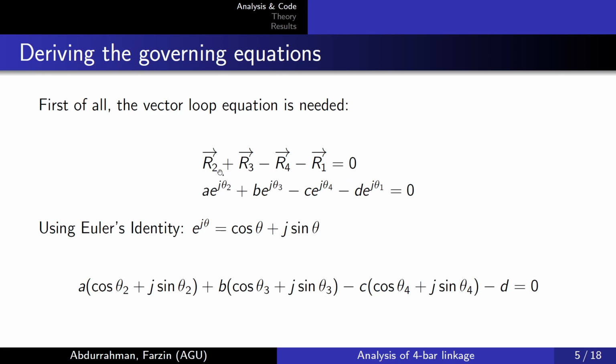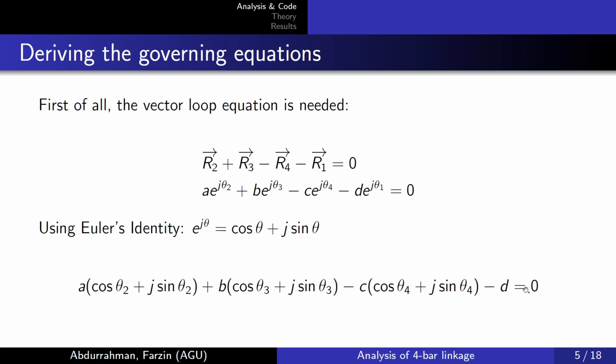Then we could write each vector in its complex polar form, where we have its magnitude multiplied by a complex exponential, e to the power of j, where j is the imaginary number square root of minus 1, times the angle of that link. With this, we could use Euler's identity to expand it using cosines and sines to have the following.